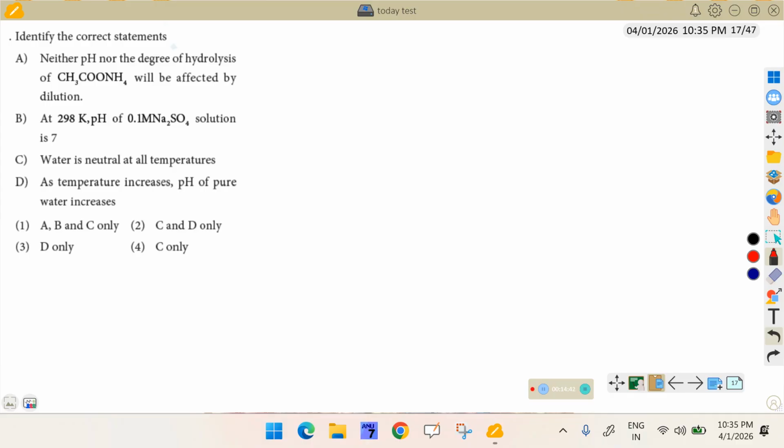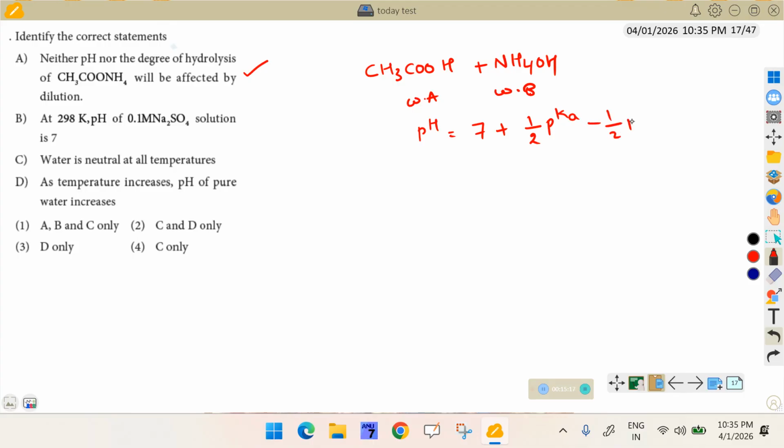Identify the correct statements. Neither pH nor degree of hydrolysis of CH3COONH4 will be affected by dilution. This statement is correct only because CH3COONH4 is a combination of CH3COOH and NH4OH. It is a combination of weak acid and weak base. For weak acid and weak base, pH is calculated by using the formula 7 plus 1 by 2 pKa minus 1 by 2 pKb.